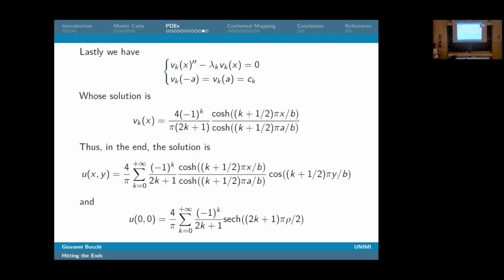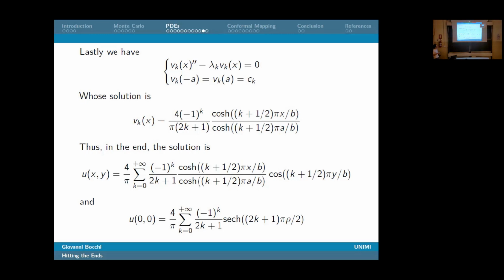Again, we can find the solution analytically, which now involves hyperbolic functions, the hyperbolic cosine, and has this shape where we have in front c_k and this ratio of hyperbolic cosines. So in the end, for the solution, we just need to sum everything and multiply in this form.